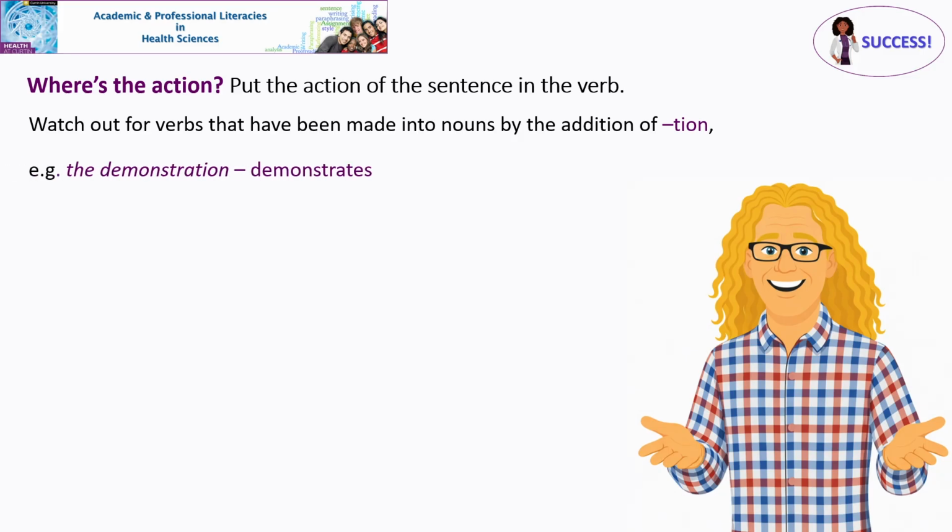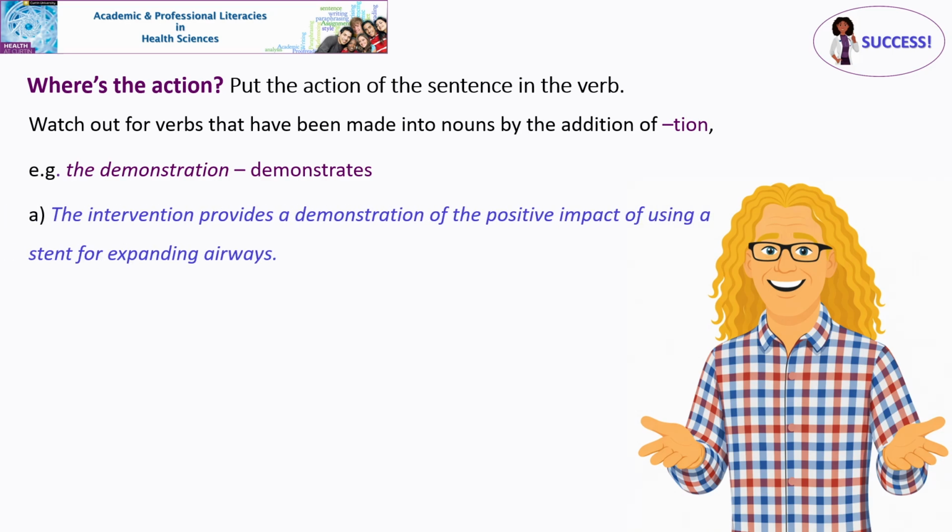Let's have a look. So the demonstration actually comes from the verb demonstrates. An example: the intervention provides a demonstration of the positive impact of using a stent for expanding airways.